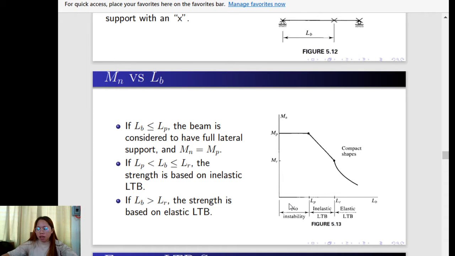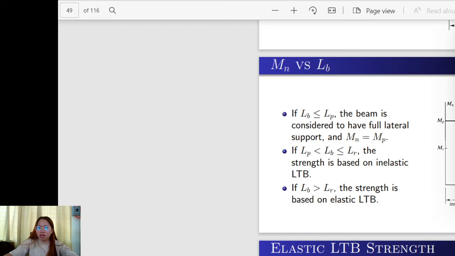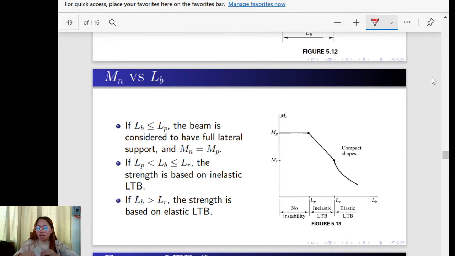Meaning, in this portion there is no instability, so you negate the two arguments, meaning it is stable. In this portion, your member or section is stable, meaning when you apply load, it reaches the yield strength and goes beyond the yield strength, reaching its plastic moment.